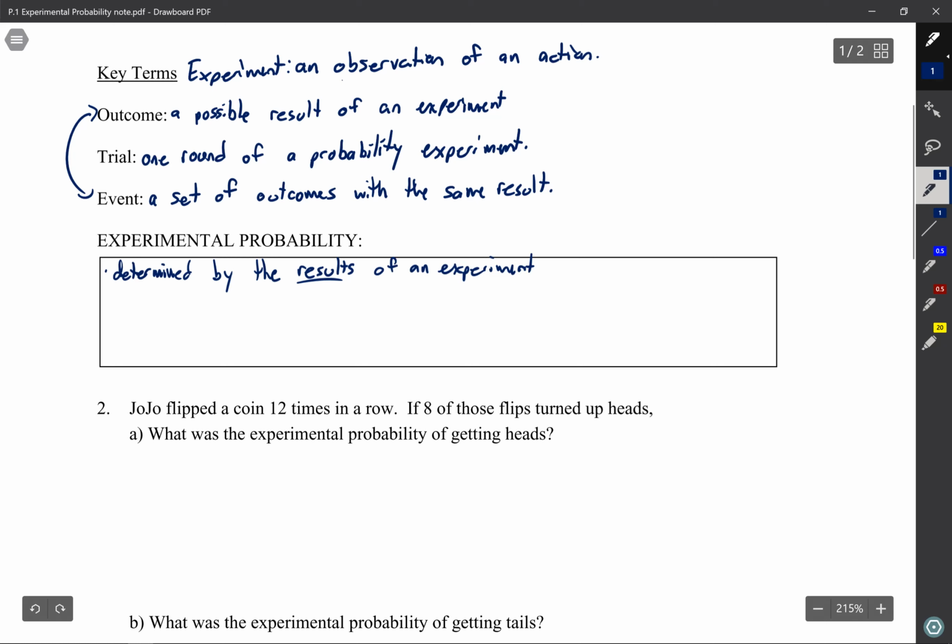And that's important. That's what makes it different from theoretical probability in a way. So when we represent experimental probability mathematically, we'll write out a capital P with a small e.